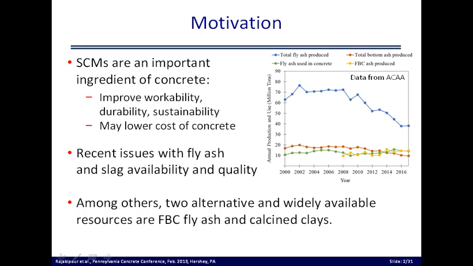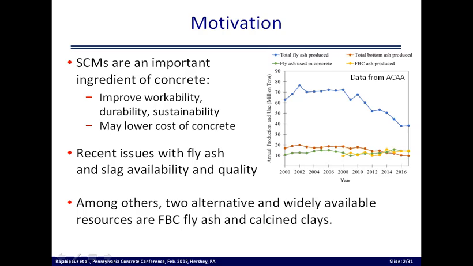Although this has become less of a fact these days, as at least the high quality conventional pozzolans become in short supply, their costs have increased. So there have been recent issues with the availability of fly ash and slag, which are the most common SCMs.